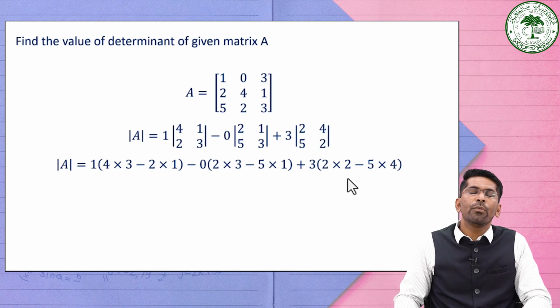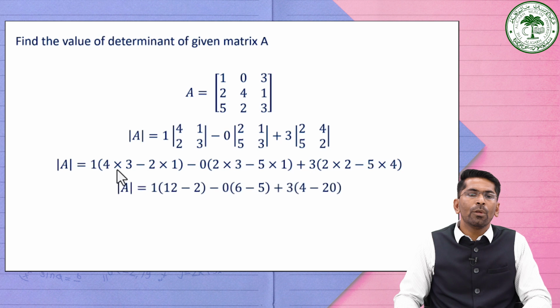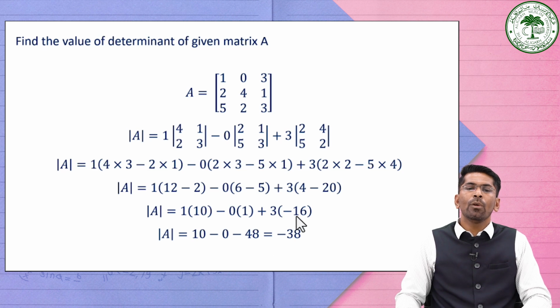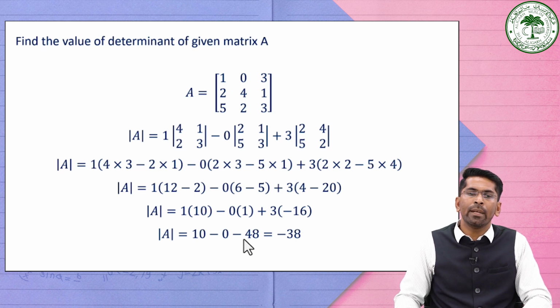Simplifying, 4 into 3 is 12 minus 2 gives 10. The 0 term becomes 0. And 2 into 2 minus 5 into 4 gives minus 16, so 3 into minus 16 is minus 48. Simplifying, it is equal to minus 38. So minus 38 is the determinant value of the given matrix A.